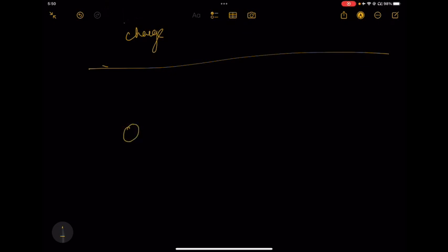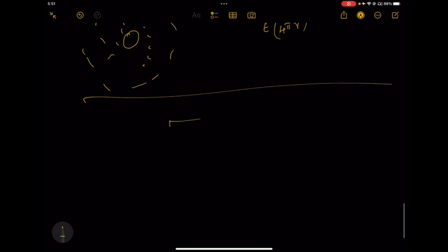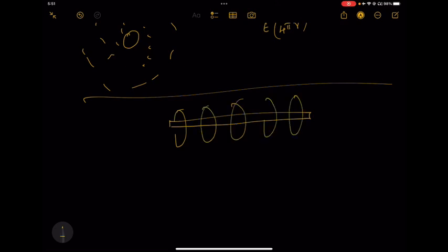If you have a bulb, an incandescent bulb, the energy gets radiated in all directions like a sphere. So in that case, the electric field is Q divided by epsilon, 4 pi r square. If you have a tube light, the energy is emitted in circles around a cylinder.